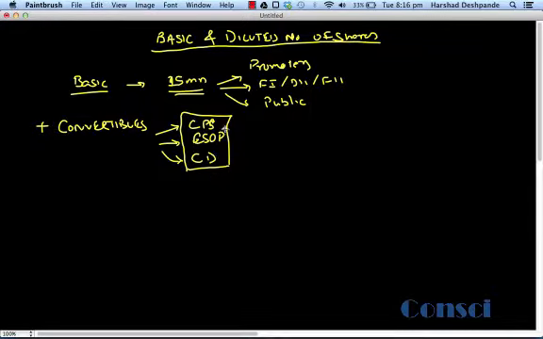So probably in the months to come, in the years to come, these convertibles will actually get converted into basic number of shares. So if we consider these convertibles and add it to basic number of shares, what we get is diluted number of shares.